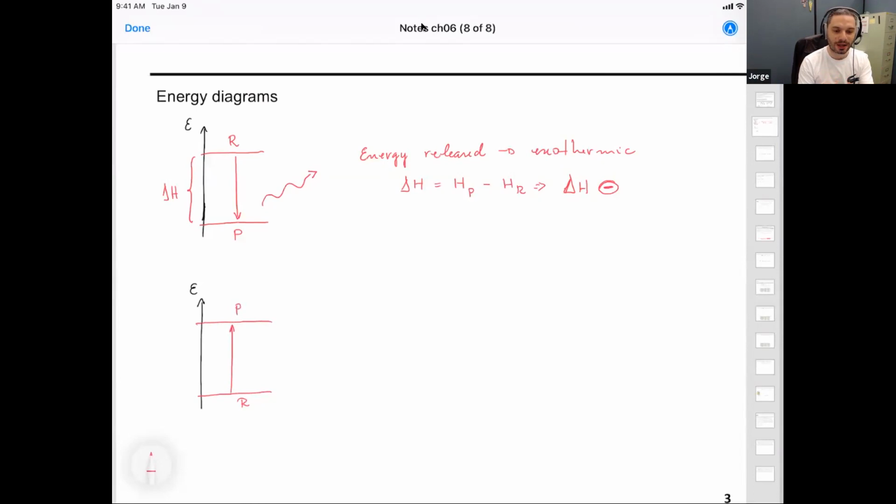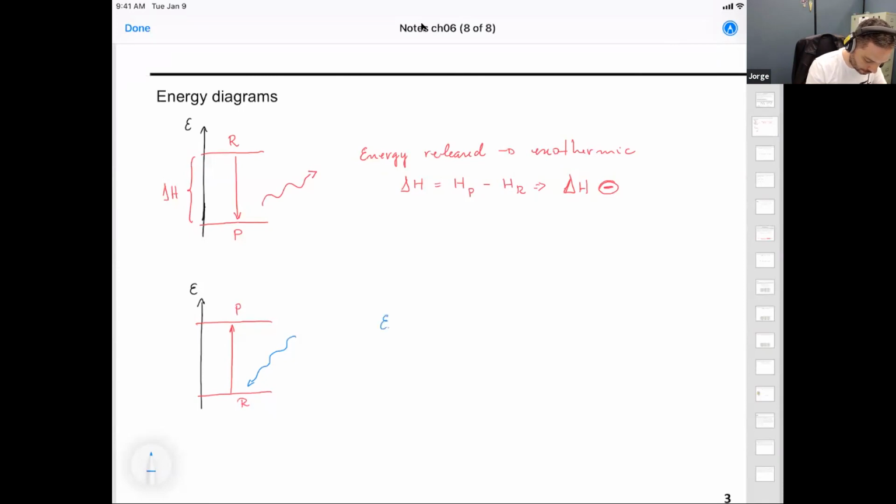This increase in energy, the price to be paid was that energy was flowing from the outside to the chemical reaction, and that causes an energy increase.